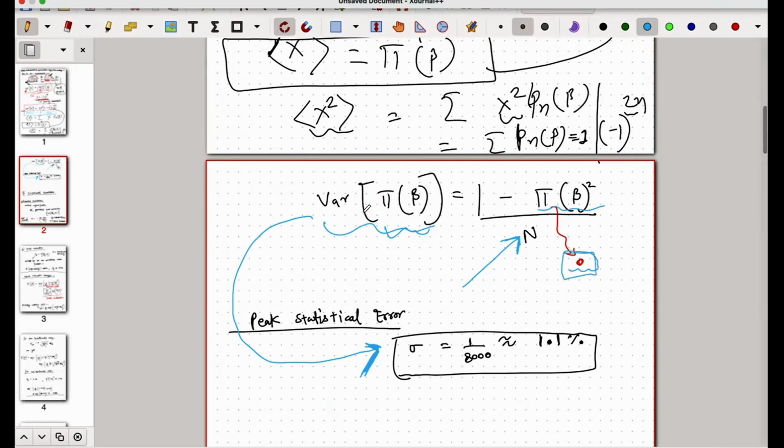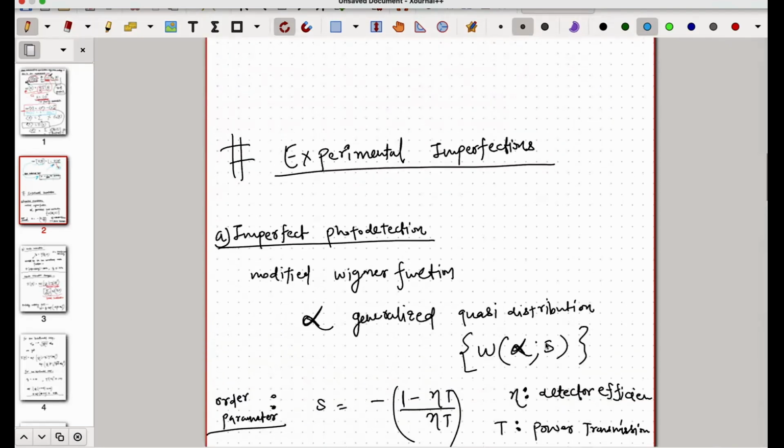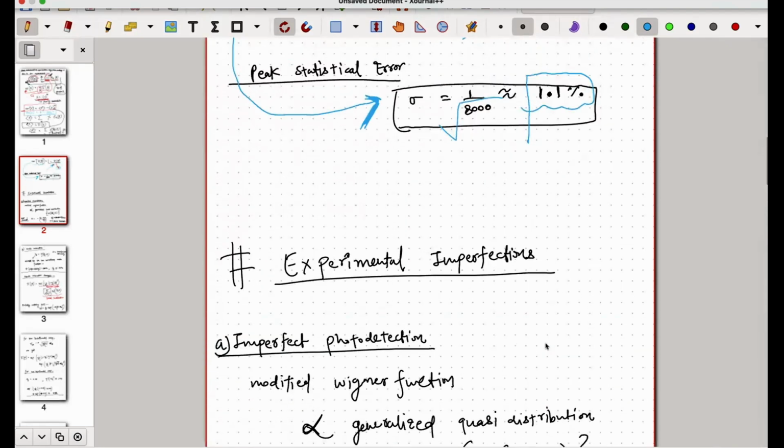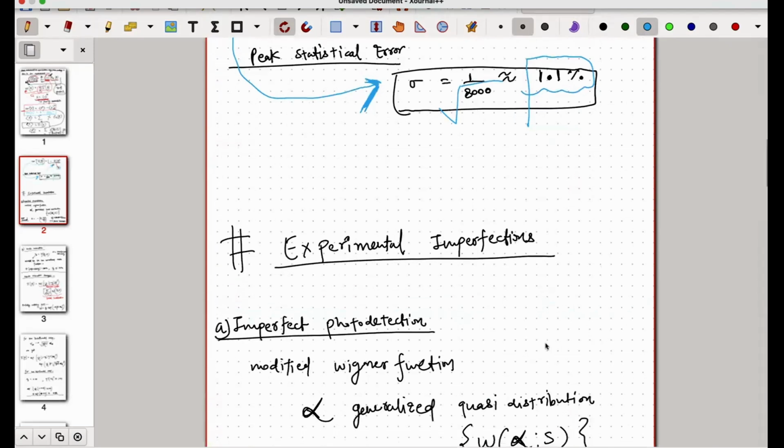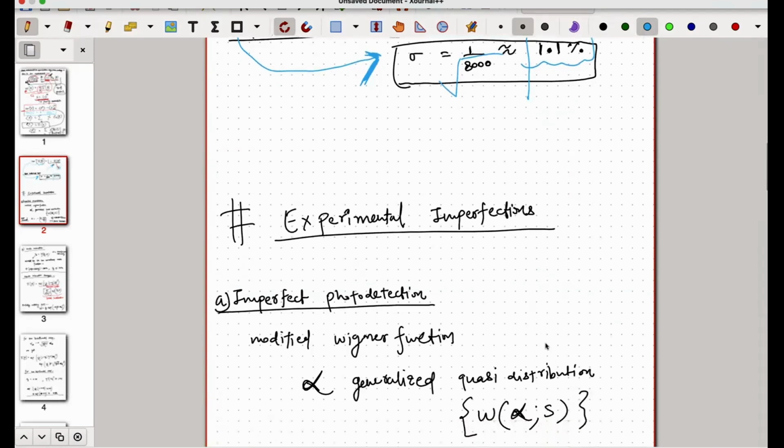So the standard deviation will be like square root of sigma, equal to square root of 8,000, and that will come around 1.1%. So the error is quite suppressed, as this setup is quite advanced compared to the previous generation that people have been discussing in the paper.